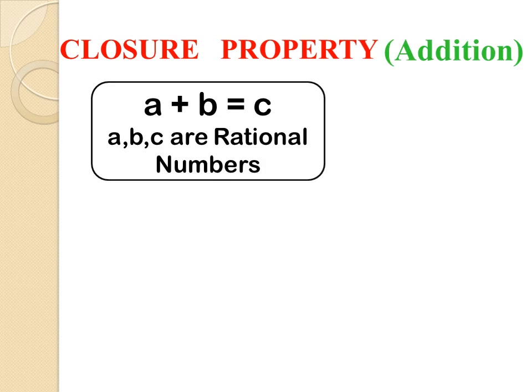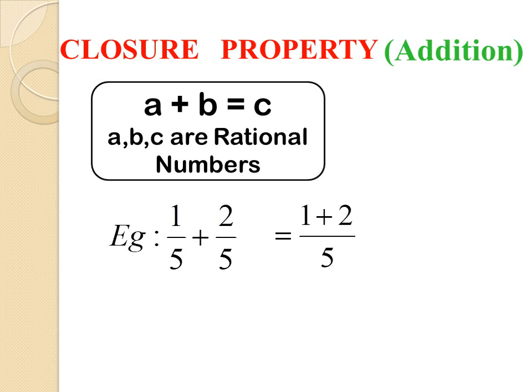When A plus B is equal to C, where A, B and C are rational numbers. This is for addition. Let's take an example. 1 by 5 plus 2 by 5. 1 by 5 is a rational number. 2 by 5 is also a rational number.